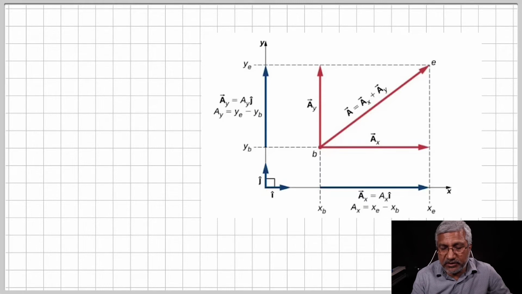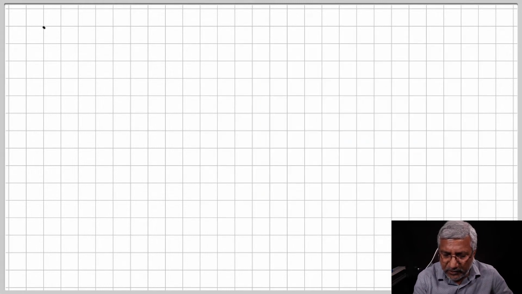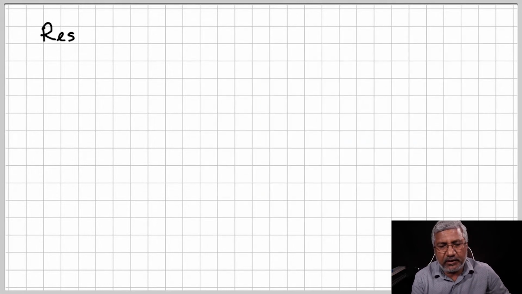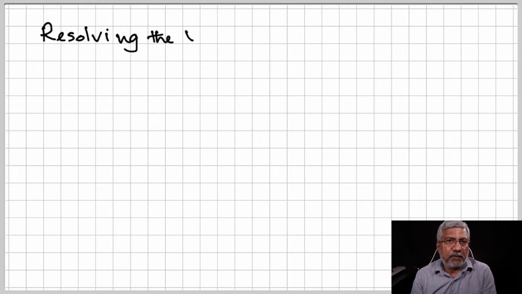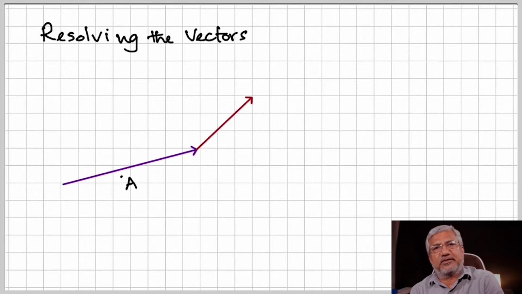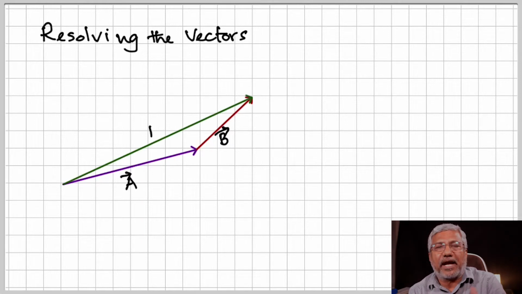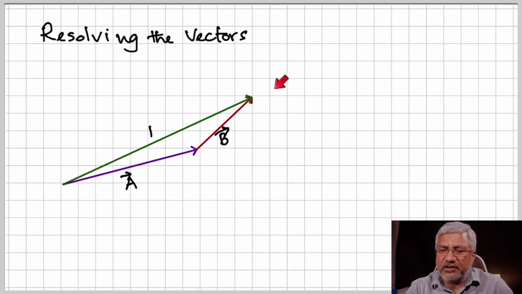Okay, so how is this going to be useful? It's going to be very useful when you add or multiply vectors. Before that, let me also show you how these vectors are resolved. So here is the resolution of vectors used to add two vectors. We've already seen that using the end-to-end method, you can draw A and then connect B to its end.